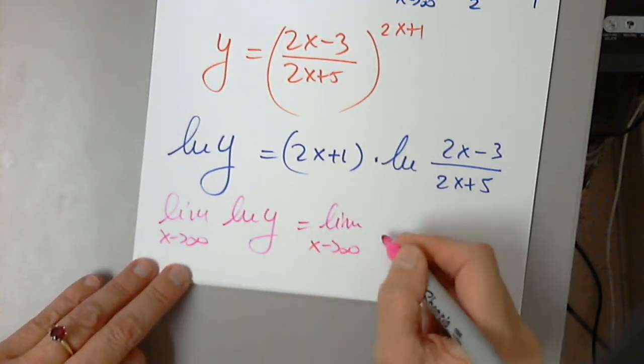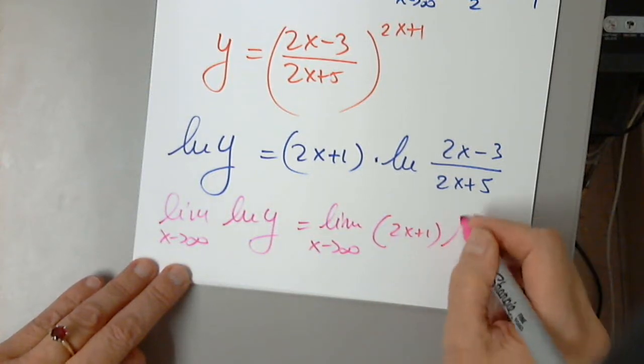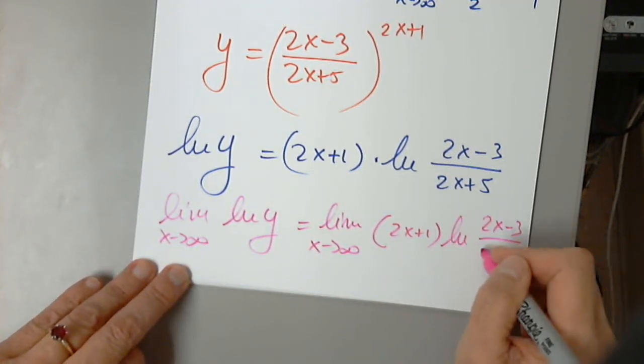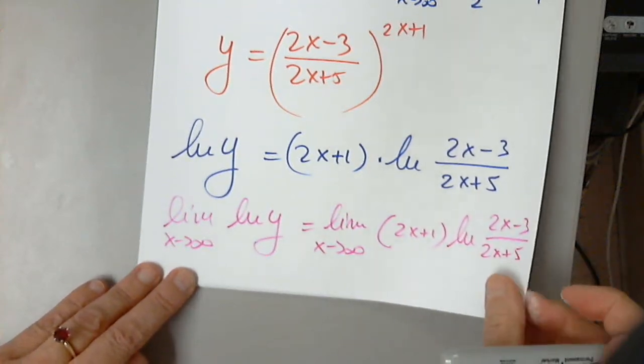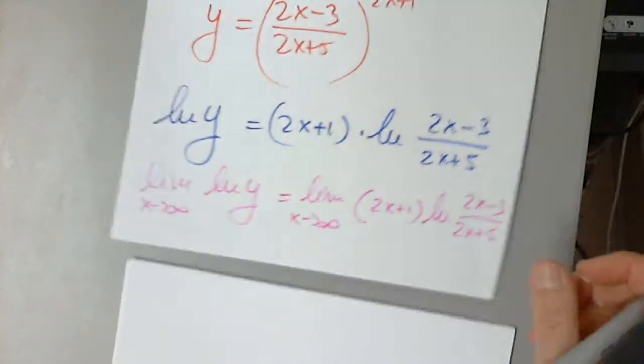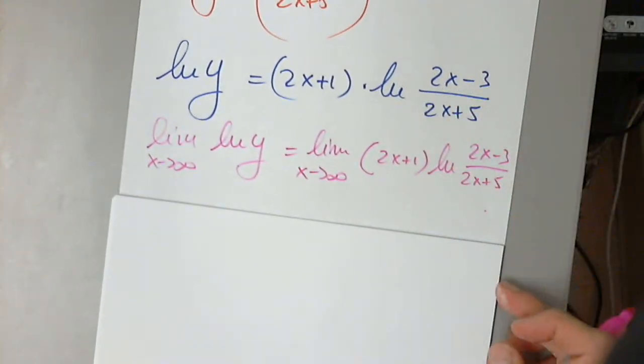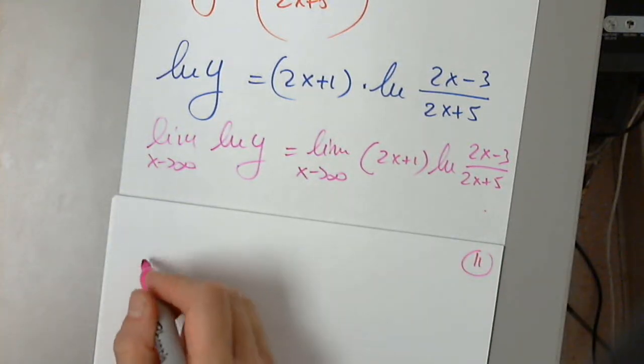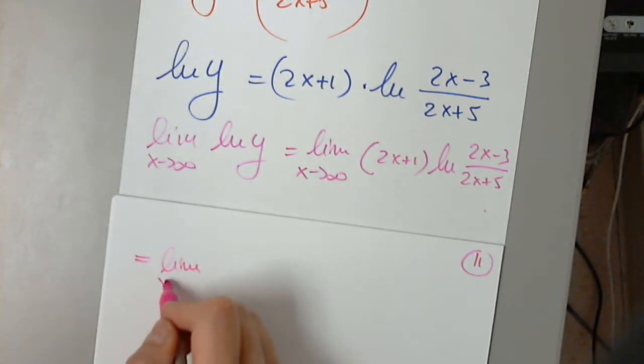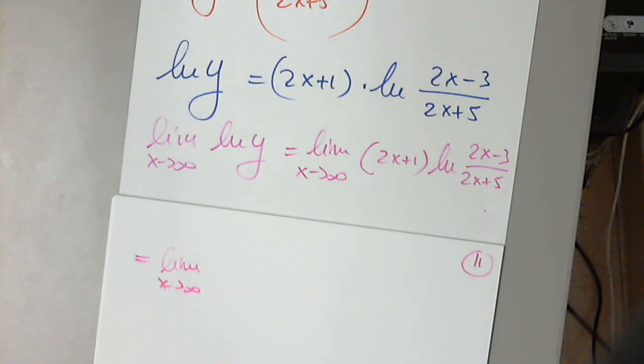X approaches infinity, in parentheses 2x plus 1, natural log 2x minus 3 over 2x plus 5. Okay, piece by piece, let's see the case now. Again, I have to check which indeterminate case this is. Where does this go?